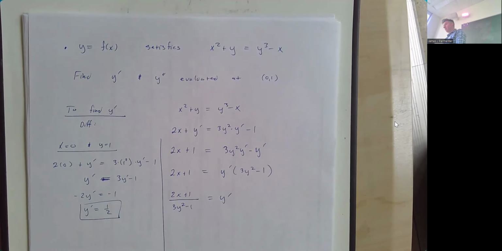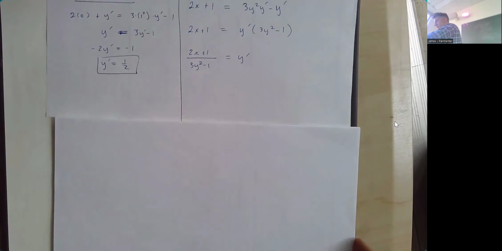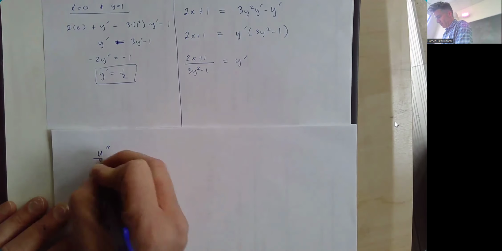And then the kind of bummer is that to find y double prime, you almost always have to use the quotient rule. The quotient rule is not the worst thing in the world. It just always feels like there's a lot of stuff to write. So it's nice to avoid it when you can, but you can't always avoid it. So y double prime.